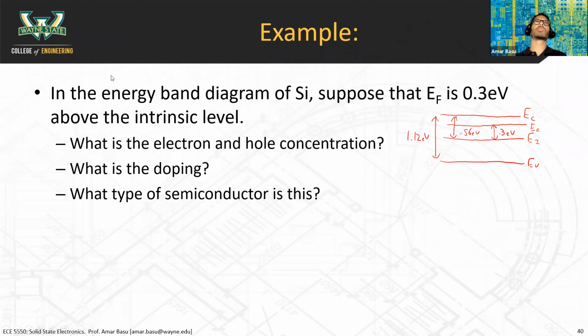If anyone needs me to go back to the previous slides so that you can see some of the equations, I'm happy to do that. Just let me know. You might want to copy this down on your page first.